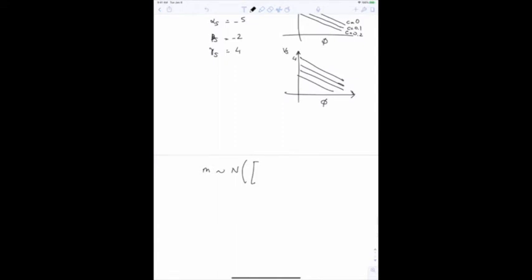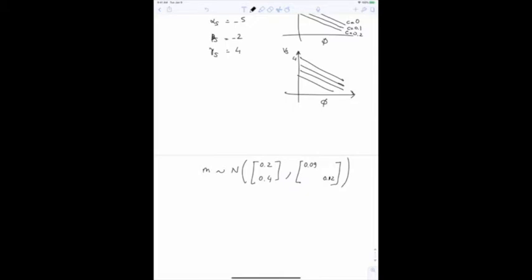We can assume that the average porosity is going to be 0.2 and maybe the average clay content 0.4. And then we have to specify a covariance matrix. Now this one here is kind of tricky to do. I'm going to just put some random numbers here, 0.09 and maybe 0.12. And then we can assume that these 2 properties are highly correlated. So let's say that we have a correlation of approximately 0.8.